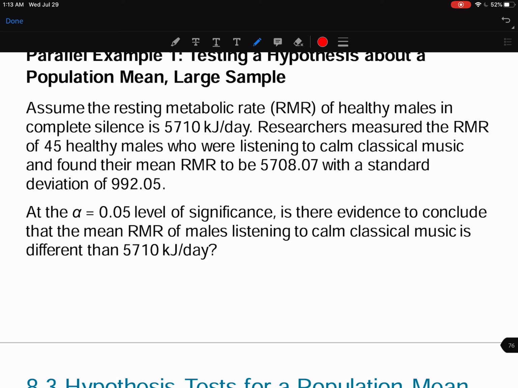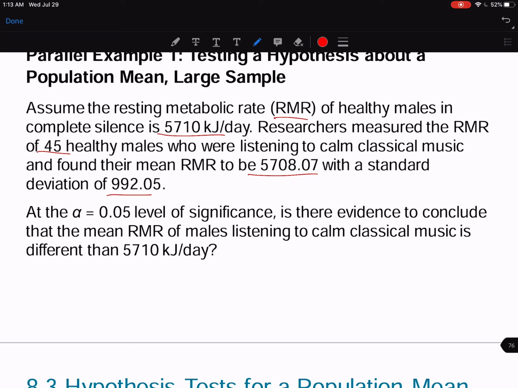We have assumed the resting metabolic rate, RMR, of a healthy mouse in complete silence is 5710 kJ per day. Researchers measured the RMR of 45 healthy mice who are listening to calm classical music and found their mean RMR to be 5708.07 with a standard deviation of 992.05.